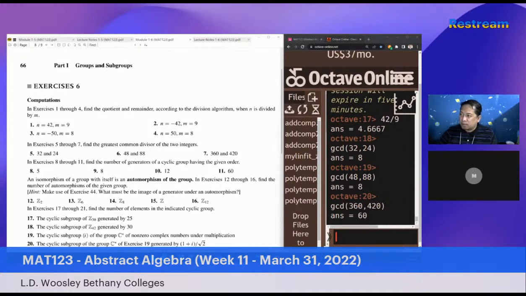Okay, for number 12, so kung dalawa lang siya, 1 and 2, ano yung generator sa kanila? Pag Z2, ano yung generator sa kanila, Micaela?